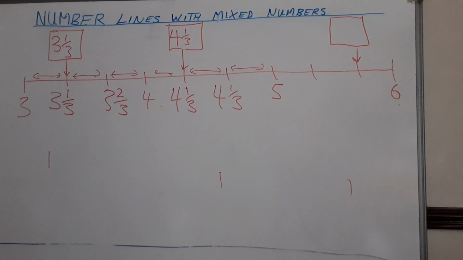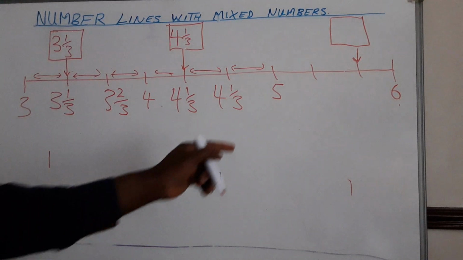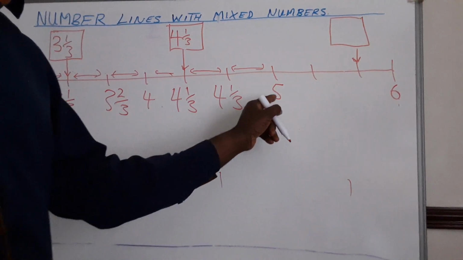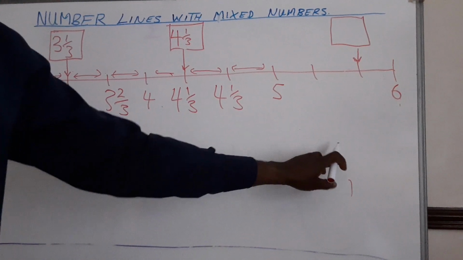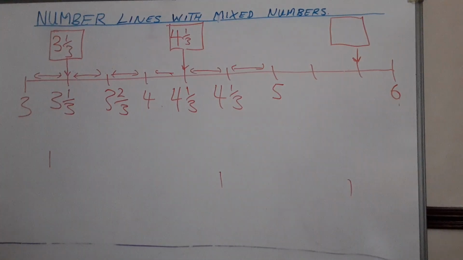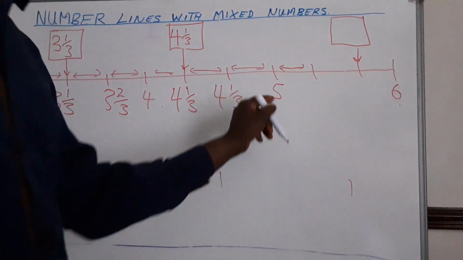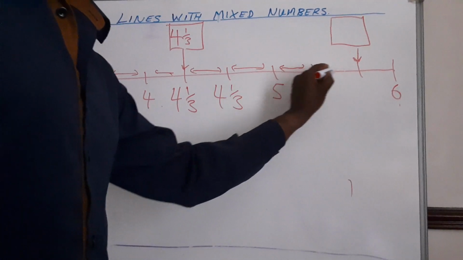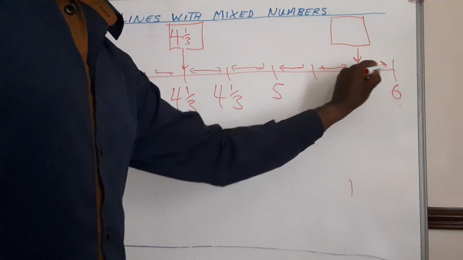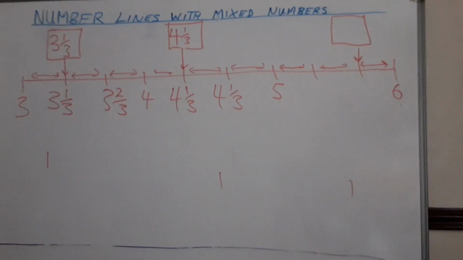Let's complete that last one. First, we find the difference between 5 and 6, and it's 1. And the intervals between 5 and 6, we can count 1, 2, and 3. So it's 3.